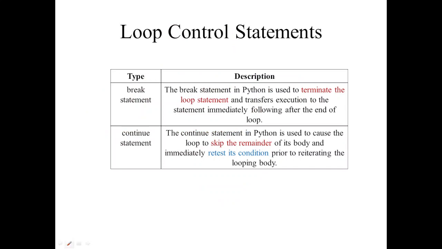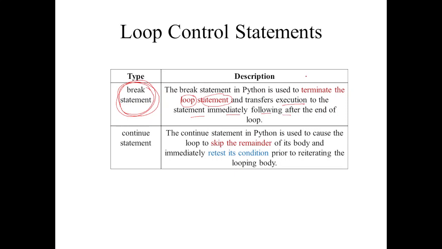What is the difference between break and continue? Whenever a break keyword or a statement with this keyword is executed, it will terminate the loop statement. The loop will be terminated and the execution will be transferred to the body just after the loop.